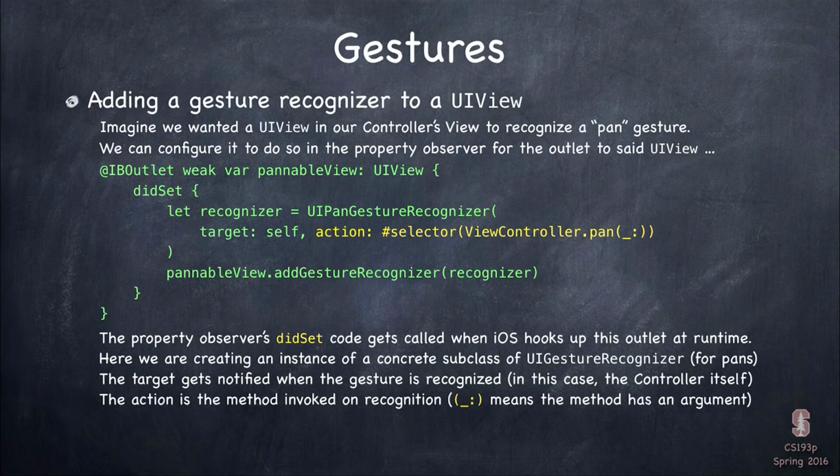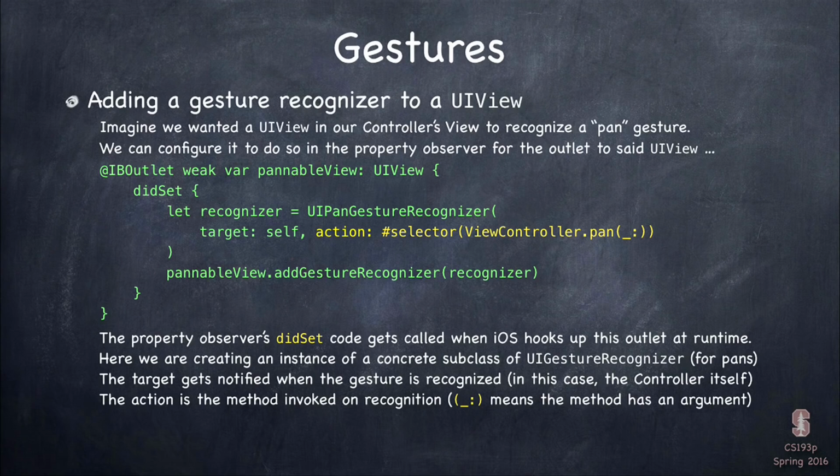It's a substitute for I don't care. So I just want to introduce that you can do this underbar here. But if I don't put this colon underbar here, then it's going to try and call a pan method that has no arguments. So be careful. If you want the one that has the gesture recognizer as an argument, you've got to put that in there. So that's specifying the selector.